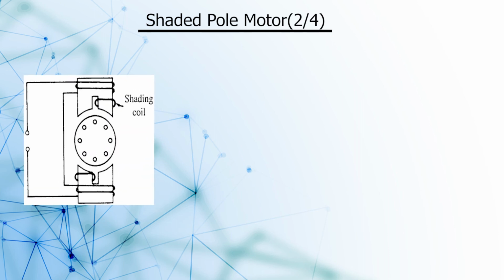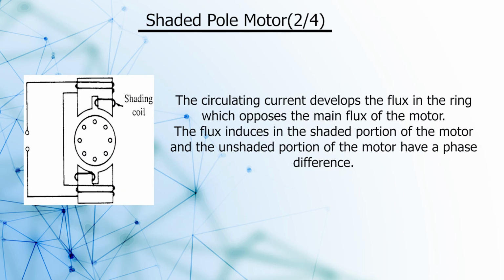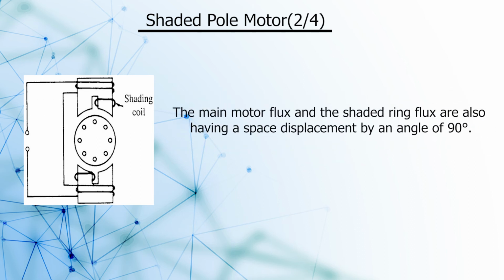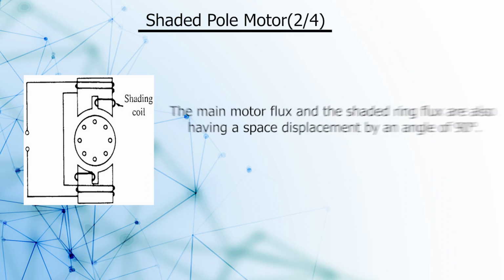Now, this circulating current develops a flux in the ring, which opposes the main flux of the motor. The flux induced in the shaded portion of a motor and the unshaded portion of a motor now will have a phase difference. Now, the main motor flux and the shaded ring flux also have a space displacement of an angle of 90 degrees.